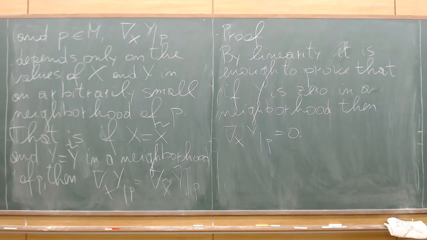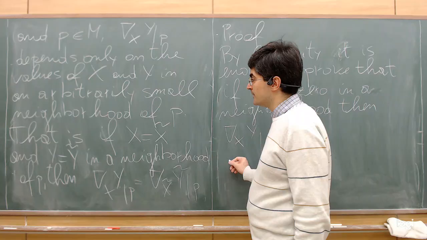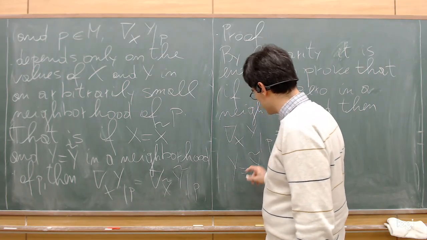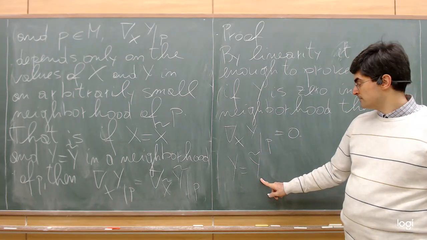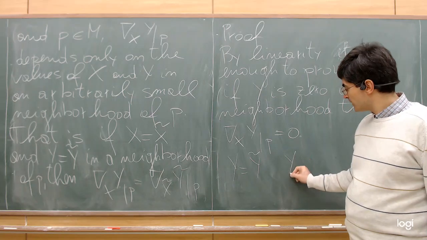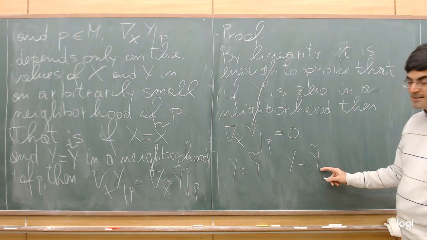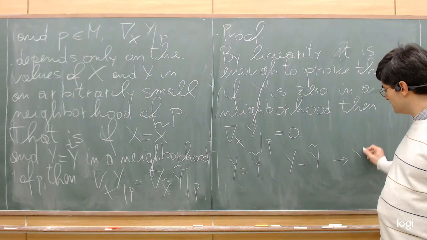Why is this enough? Because if Y and Y tilde coincide in a neighborhood of P, then you can look at Y minus Y tilde. This is 0 in a neighborhood of P, and you can call it Y.